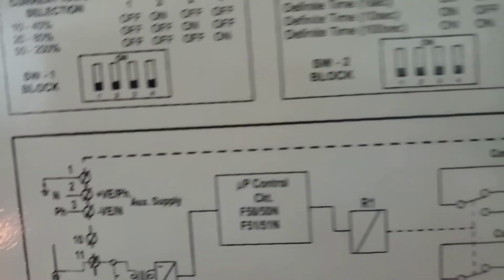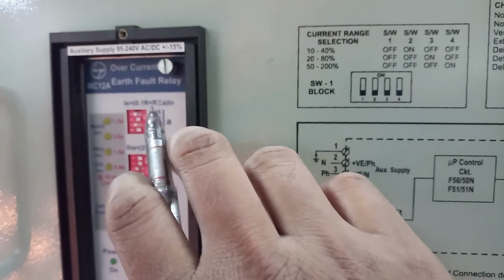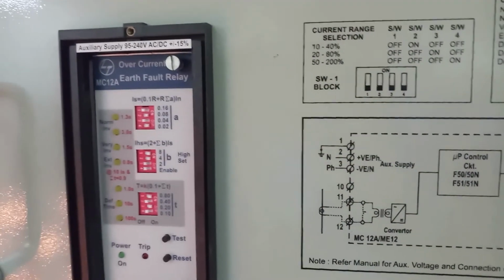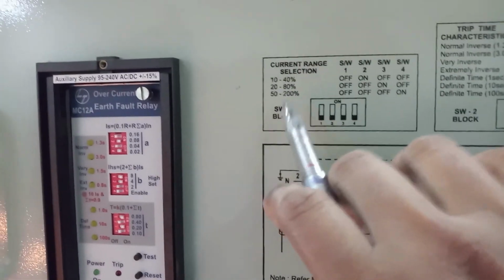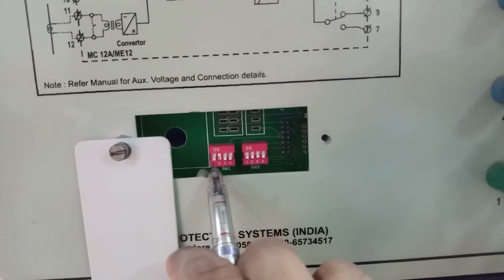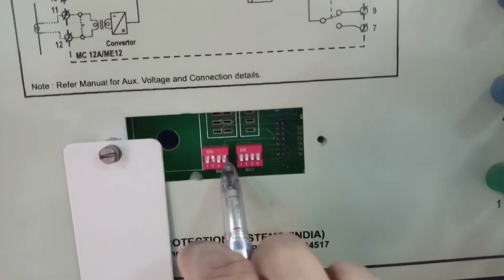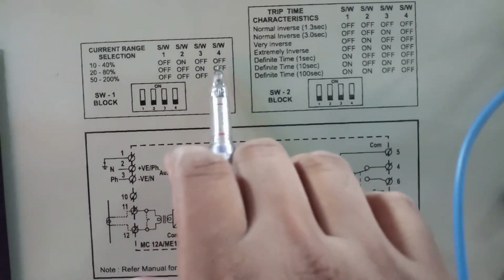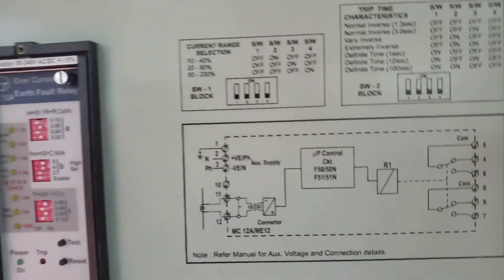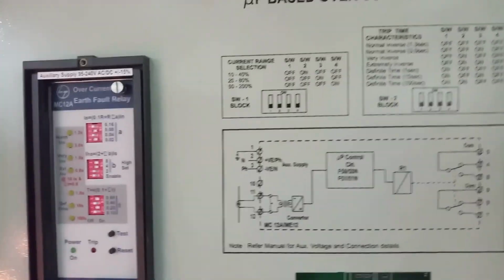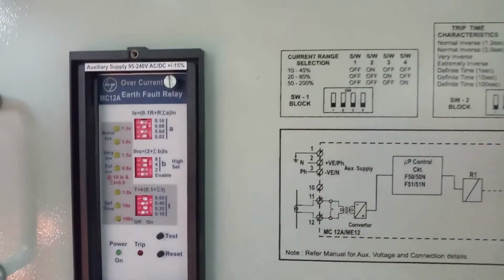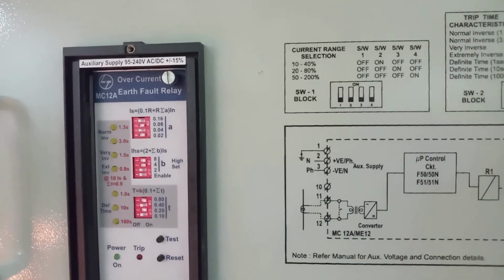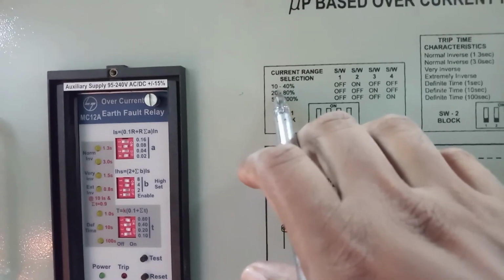The value of R can be calculated by seeing which current selection range we have selected. As you can see here, we have selected off, on, off. So that is the 10 to 40% current selection range. That means this IS can have a minimum value of 0.1 and a maximum value of 0.4. So right now the R value for this one is 1.